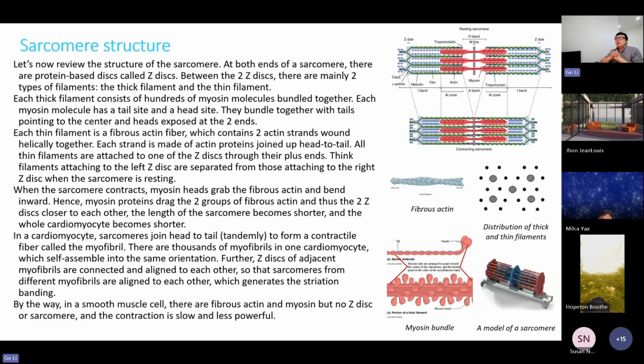Before we introduce what a sarcomere is, we have to introduce two types of big proteins. One is the actin, fibrous actin. The other is called the myosin.